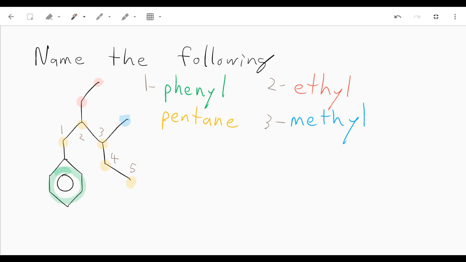We just have to write it out all in alphabetical order. So in alphabetical order, first thing would be the ethyl. This will give us a 2-ethyl. Next is going to come the methyl, 3-methyl. Then the phenyl.